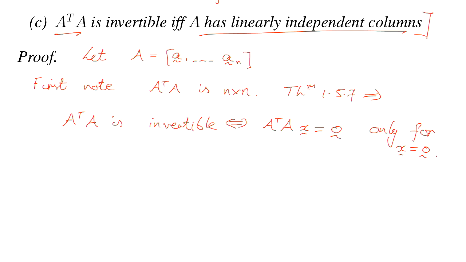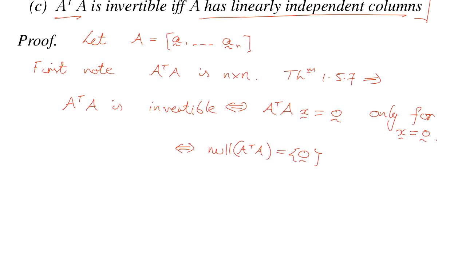Okay, so A transpose A is invertible if and only if the null space of A transpose A is just 0, right? So this is really just the same thing as the last statement, just using the definition of what null space actually means.